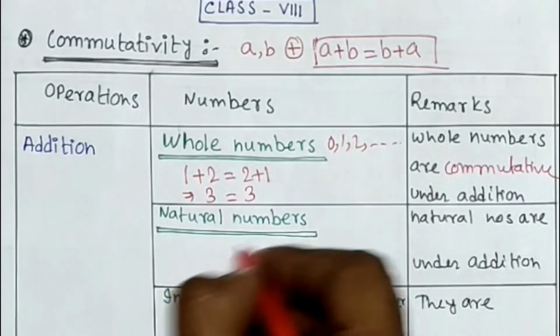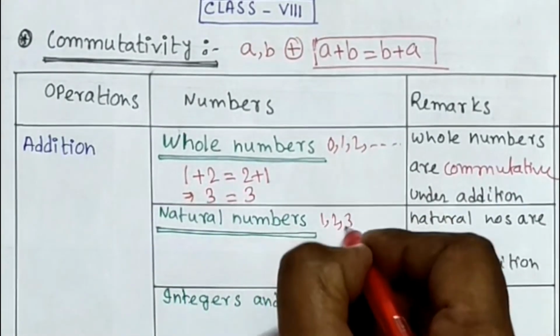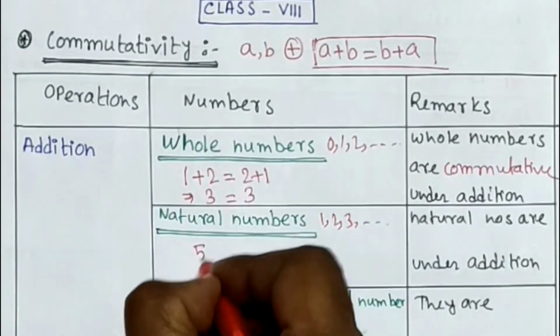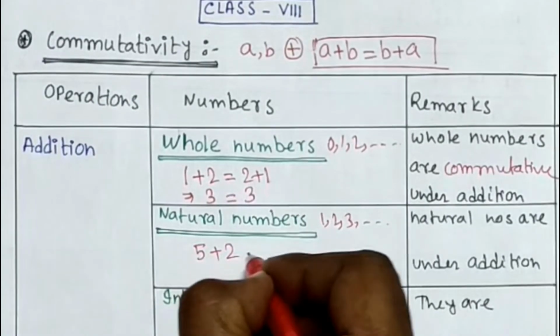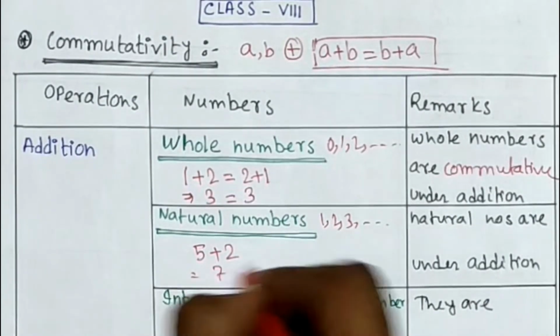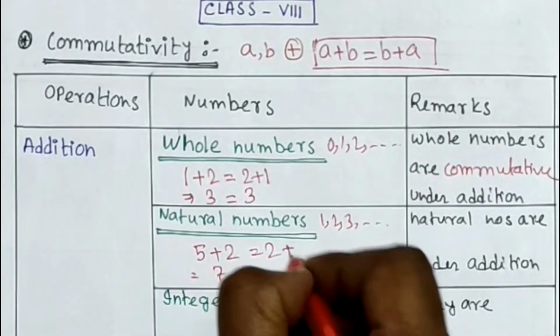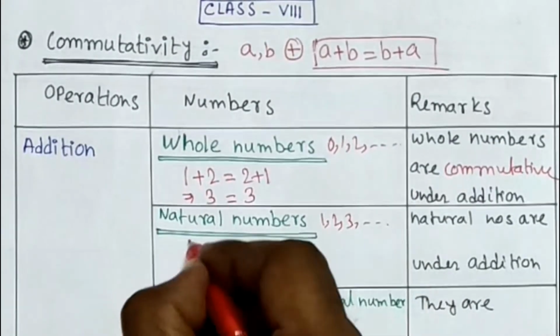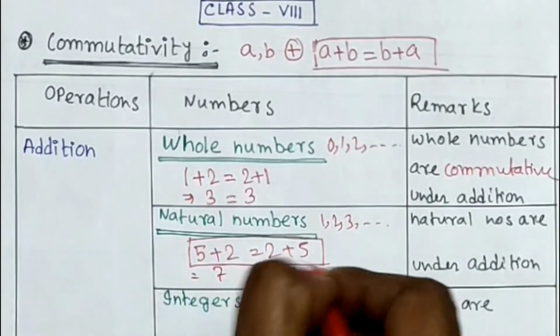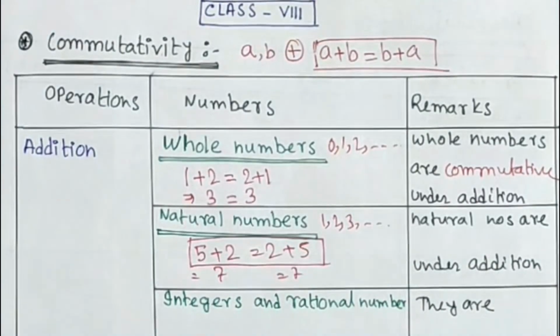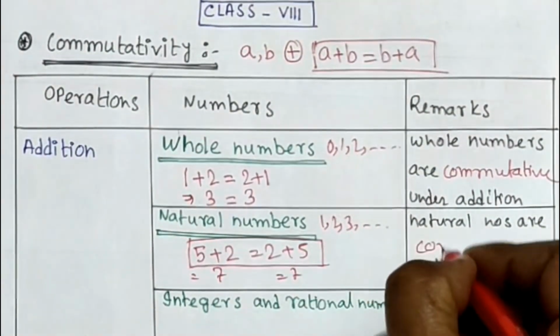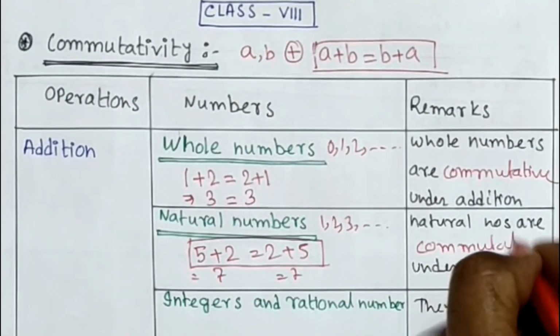Similarly for natural numbers 1, 2, 3, etc. Take any two naturals, 5 plus 2 is 7, and 2 plus 5 is also 7. So we can write 5 plus 2 equals 2 plus 5. So natural numbers are also commutative under addition.